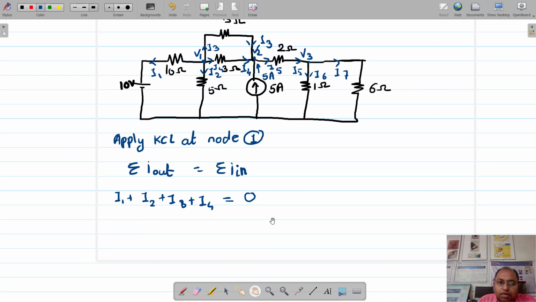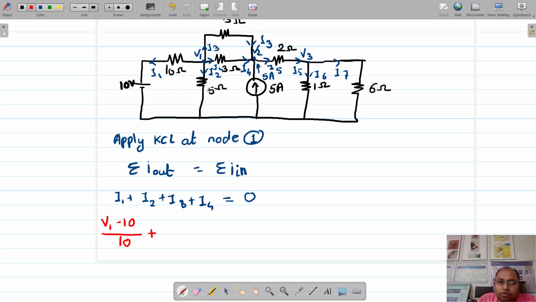Now, how to find I1? I1 is the current flowing from V1 towards this 10 volt source. V1 is at a higher voltage than the 10 volt source, so V1 minus 10, and the value of the resistor is 10, so it is divided by 10. Plus, how to find I2?